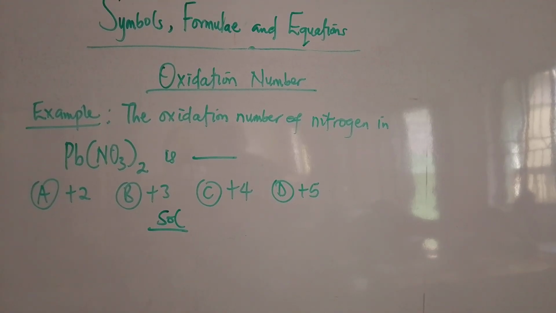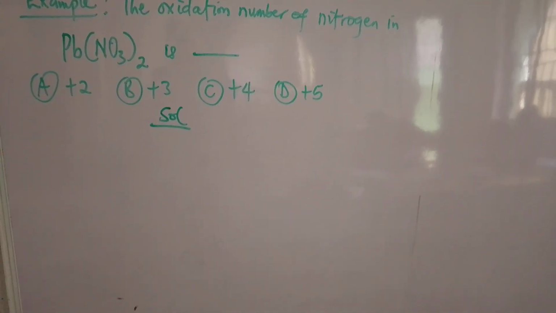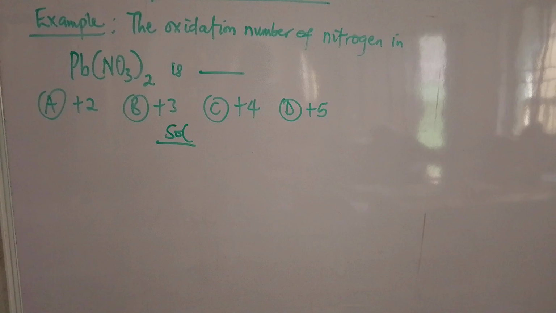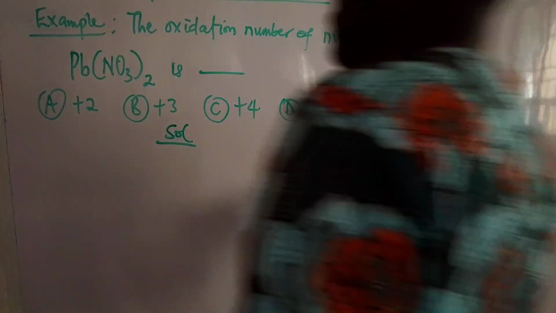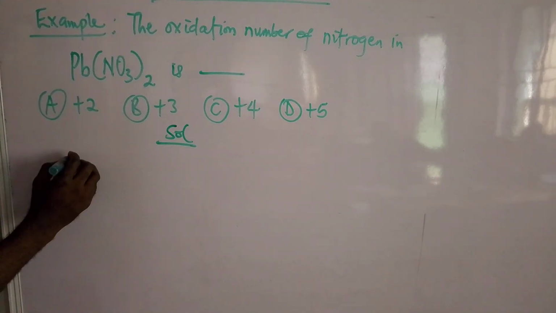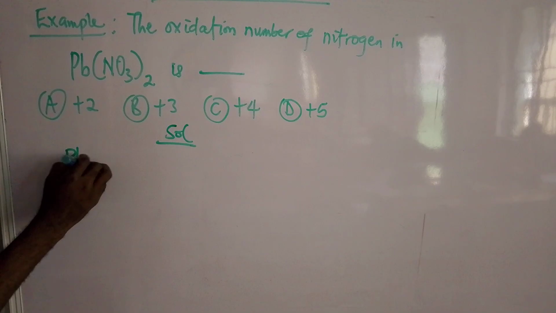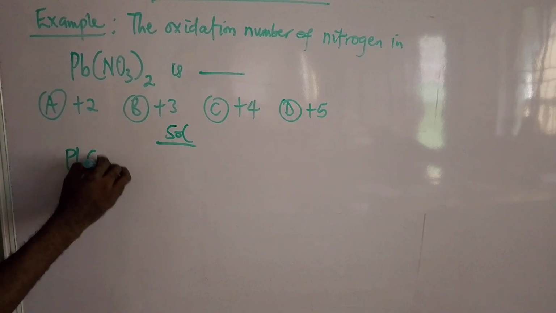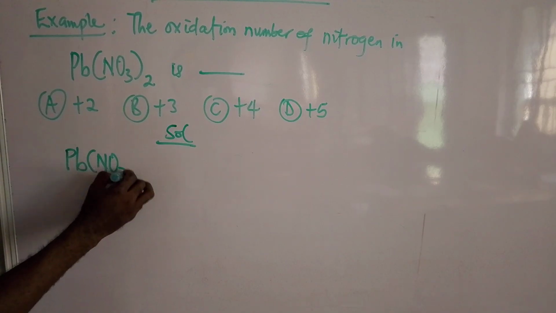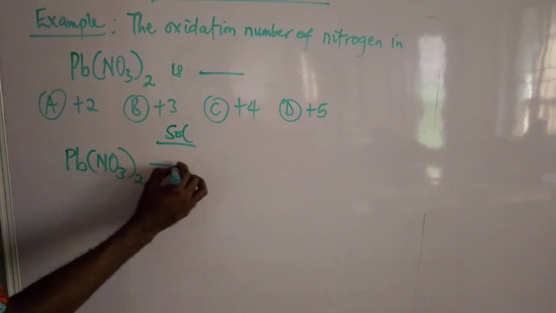We want to calculate the oxidation state of nitrogen in this particular compound. How do we do it? It is not something that is hard, so we are going to break it down first. We take the compound, which is Pb(NO3)2, we interpret it.